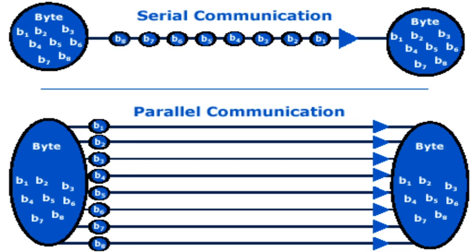But for parallel communication, if there is 8-bit of data to be transmitted, then there are 8 lines for transmitting that 8-bit data. So same instant of time, all the 8-bit data will be transmitted. So the conversion from parallel to serial and serial to parallel is not required. So this is the advantage of parallel communication.